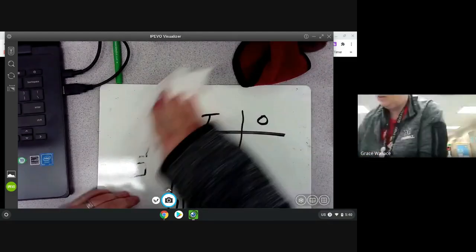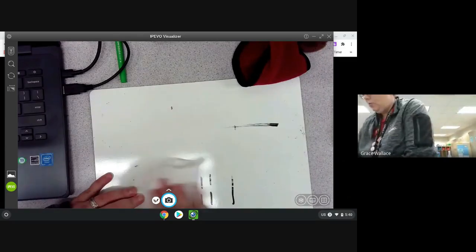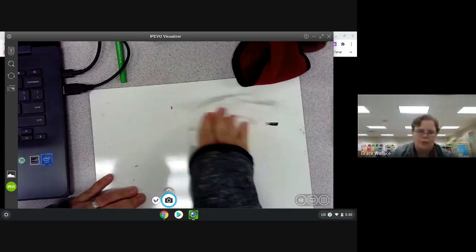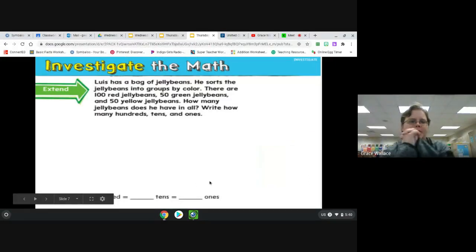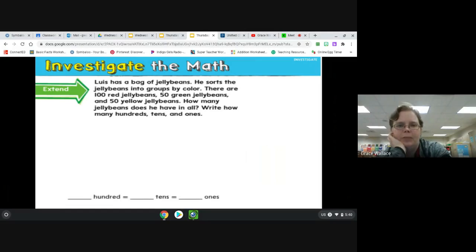All right. So now, let's get back to our book lesson. Let's investigate this a little bit. It says Louis has a bag of jelly beans. He sorts the jelly beans into groups by color. There are 100 red jelly beans, 50 green jelly beans, and 50 yellow jelly beans.